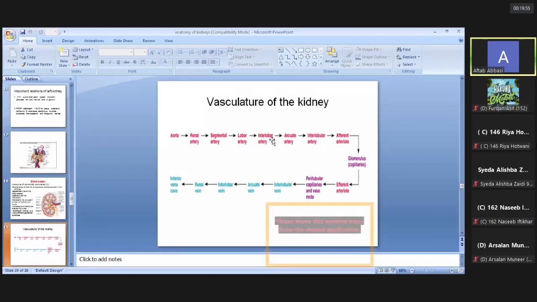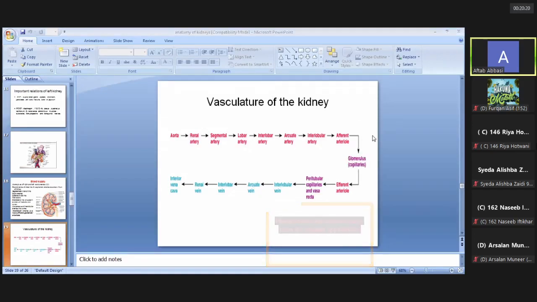The interlobar arteries form an arch structure, known as the arcuate artery, present at the junction of the cortex and the medulla. From the arcuate artery arise interlobular arteries that run in the cortical region. From the interlobular arteries arises the afferent arteriole that gives rise to the glomerular capillaries. That is the arterial supply.